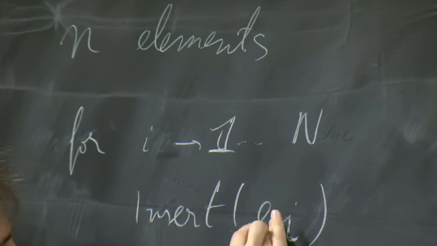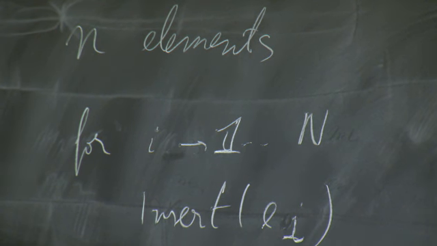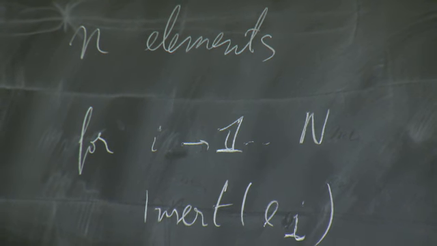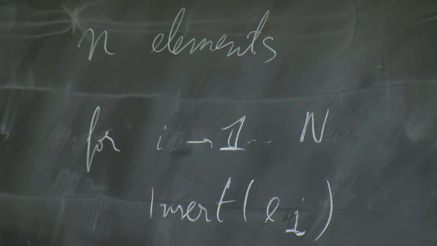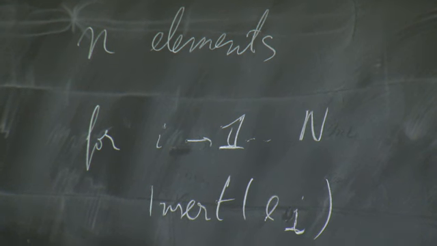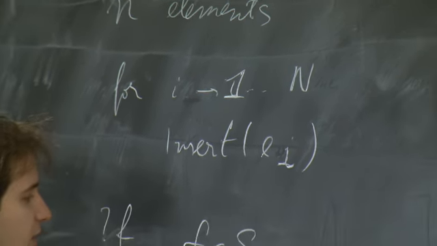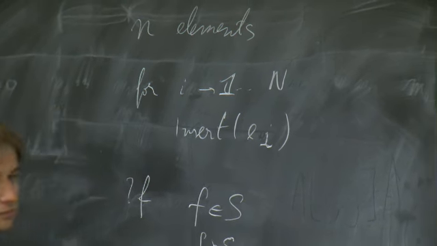First we're going to insert all the elements into the set. And then after that, given some other number f, we want to see is f in the set or is f not in the set.